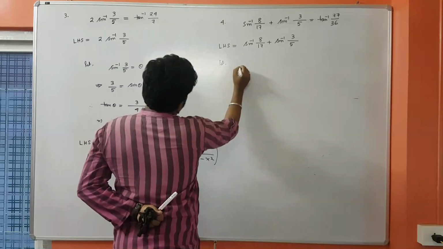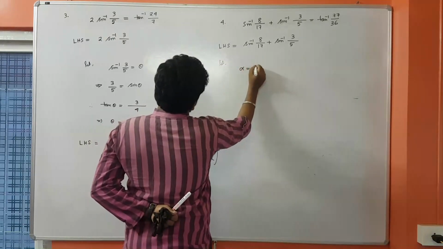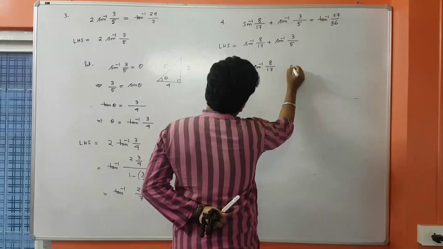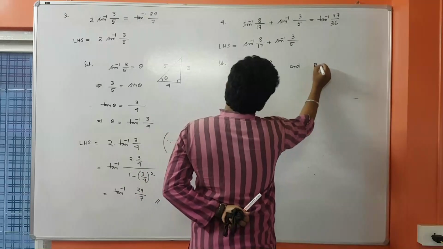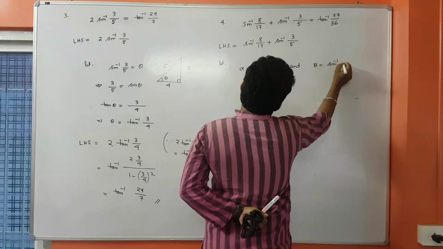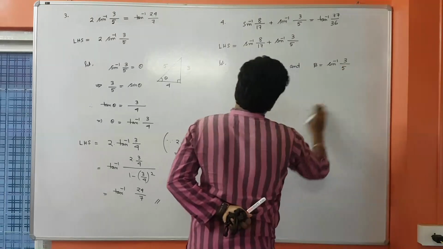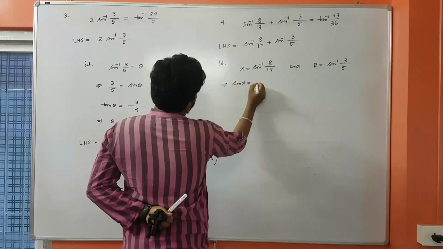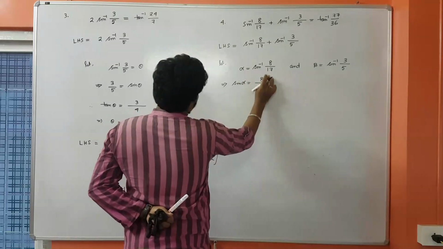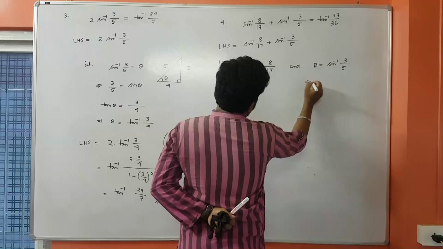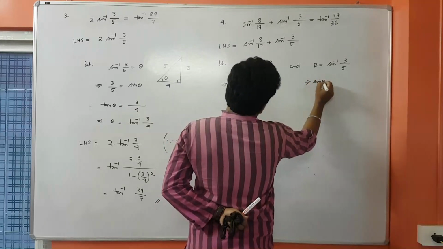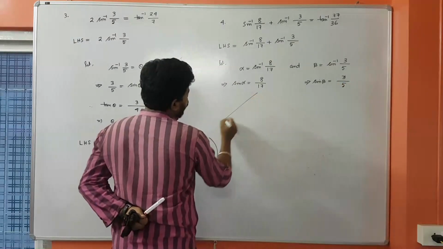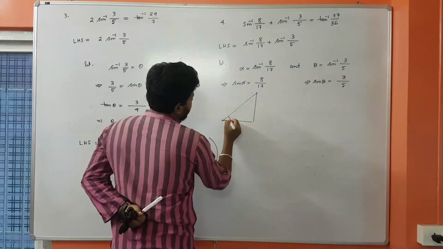Let alpha is equal to sin inverse of 8 by 17 and beta equals sin inverse of 3 by 5. That means sin alpha denotes 8 by 17 and sin beta denotes 3 by 5. Now draw two triangles.